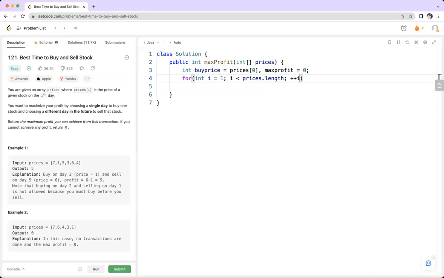So this is just one simple for loop, and notice that this for loop is starting at index 1. Why is it starting at index 1? Because we have declared the buy price at prices[0]. It need not be the actual buy price.